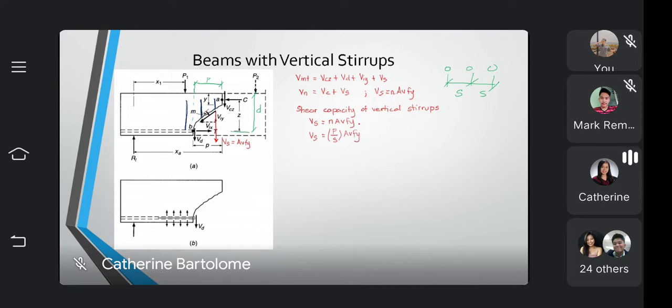Okay, so as stated earlier, the crack can be almost 45 degrees from the horizontal. So let's say that our theta here is almost 45 degrees. So therefore, the value of your P is equal to, kung 45 degrees to, ano yung magiging value ng P?